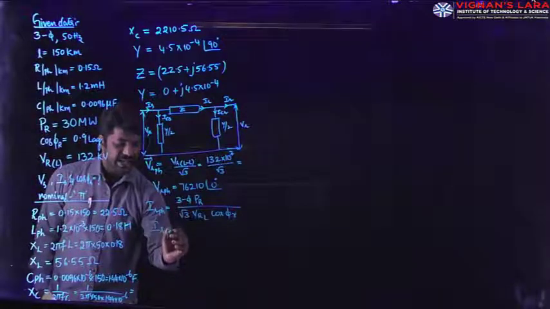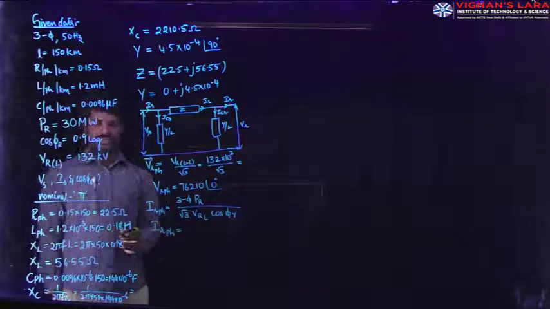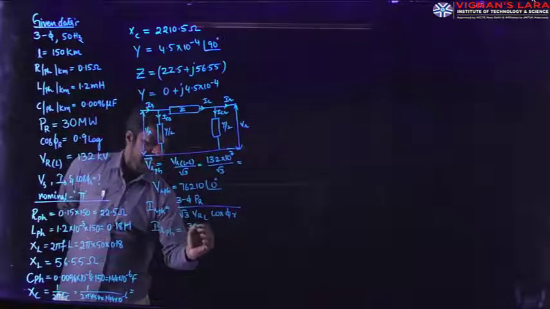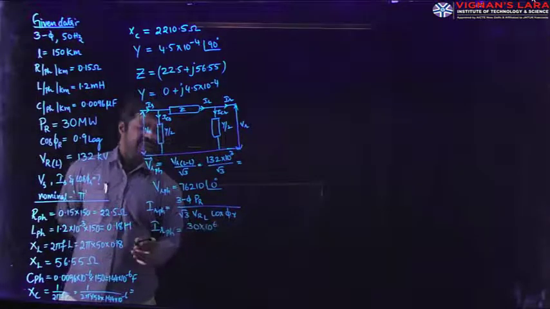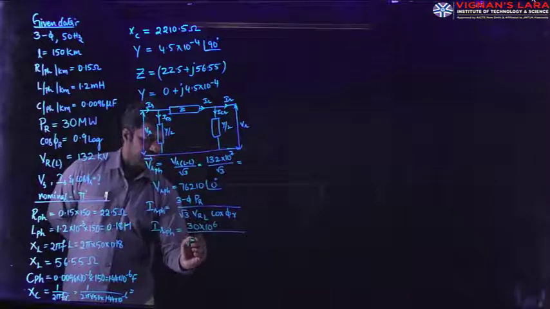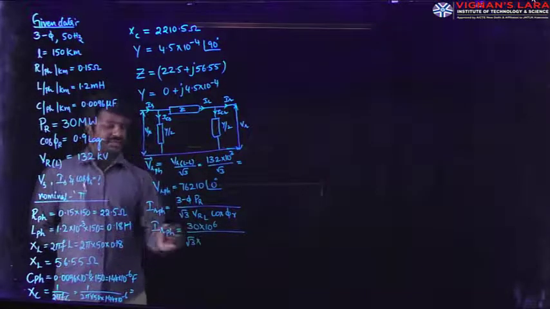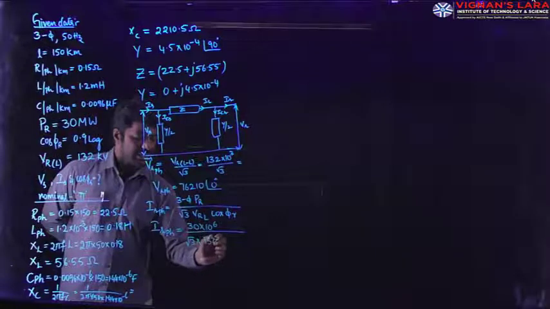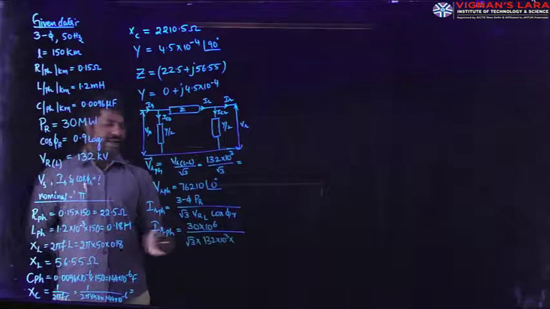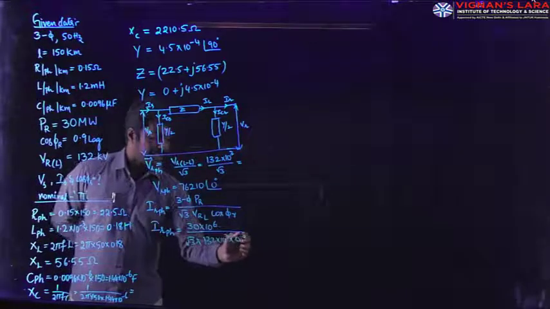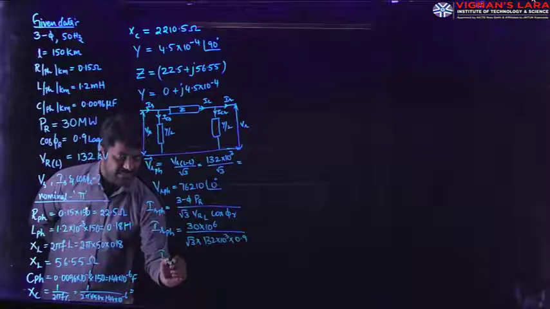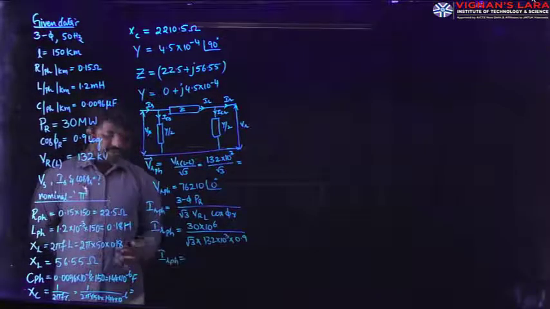The three-phase power delivery is given as 30 megawatts, 30 into 10 power 6, divided by root 3, line voltage on the receiving end side 132 into 10 power 3, cos phi R given as 0.9 lagging. So I will put 0.9 here.